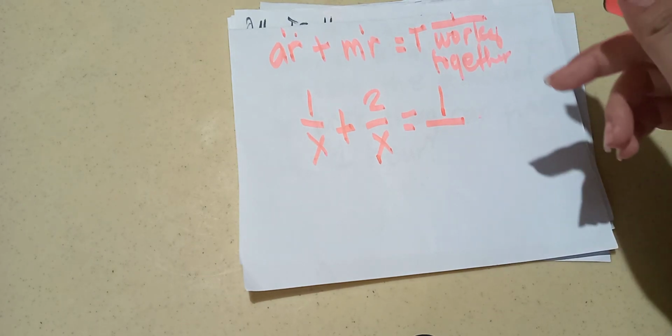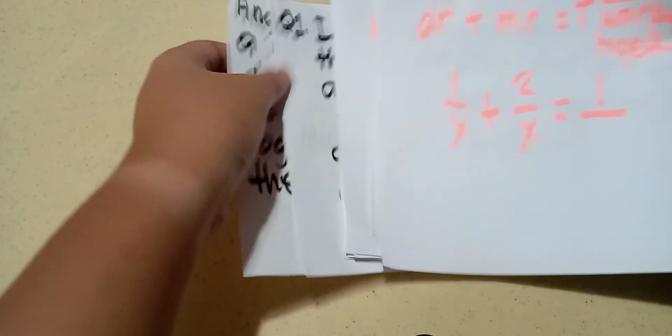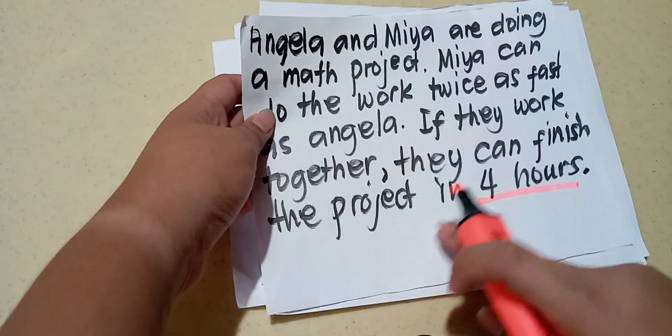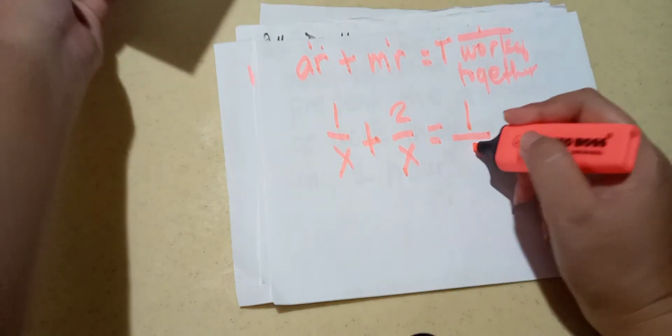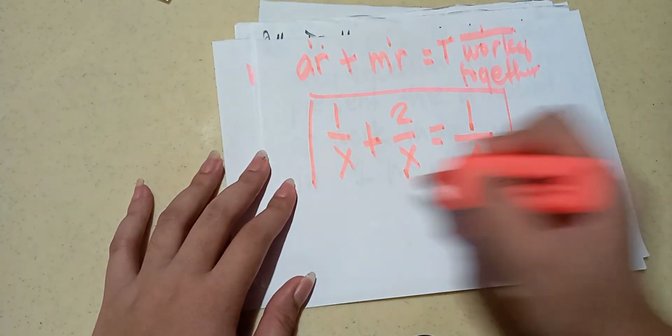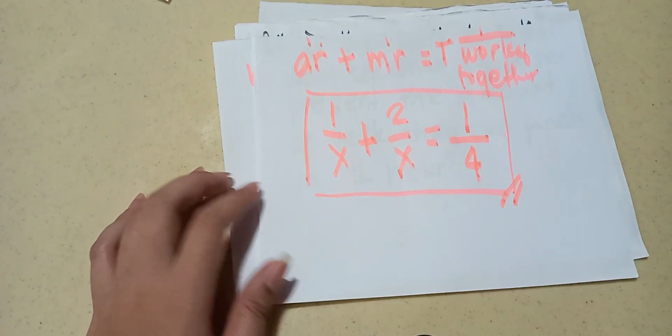Working together is 4 hours, diba? If they work together, they can finish the project in 4 hours. So let's have 4 as our denominator, 1 over 4. So therefore, this is the answer for our question number 4.